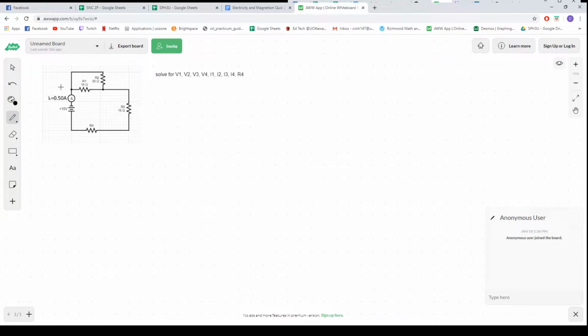So we will say that 1 over R12 is equal to 1 over R1 plus 1 over R2.